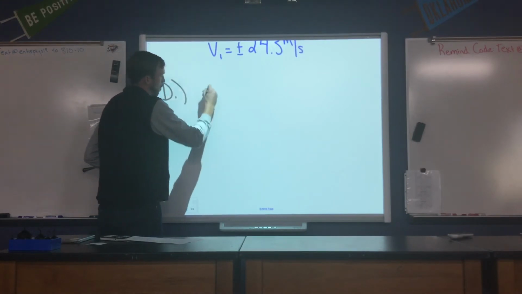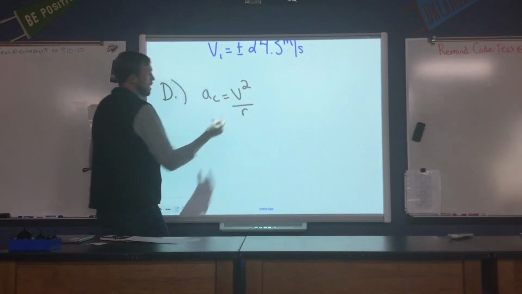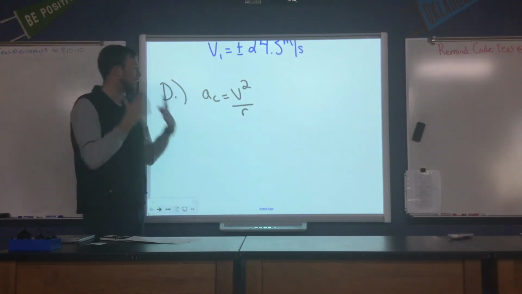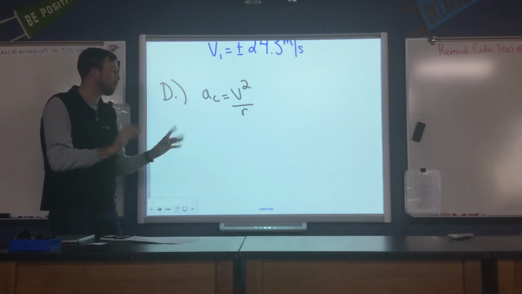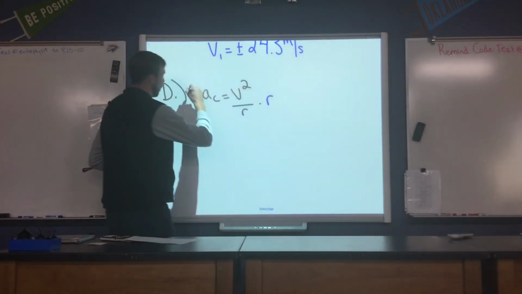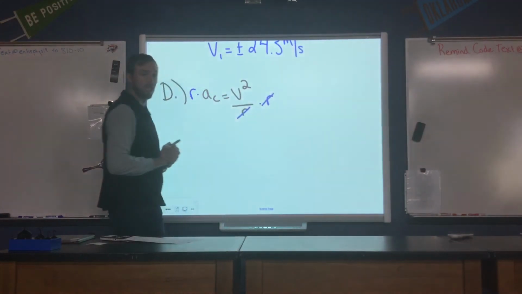We've got our centripetal acceleration, velocity squared over the radius. Before I plug in any numbers, I'm going to rearrange the equation. I like to do that so that I can get the variable we're looking for by itself. So if I want to get the radius term alone, I'd have to multiply radius up to the numerator. Our radius would then cancel out.